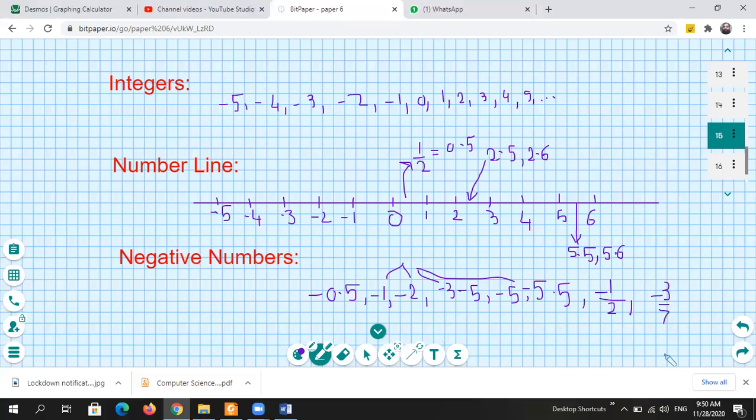So all of these numbers are negative numbers. They can be integers or decimal numbers or some fractions. So we have categorized the different numbers, integers and negative numbers or positive numbers. Positive numbers can be decimal numbers as well, not only integers.